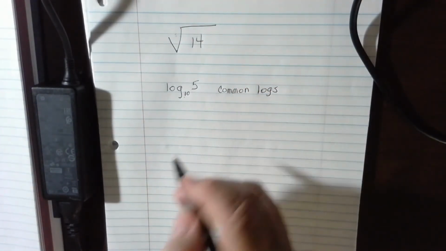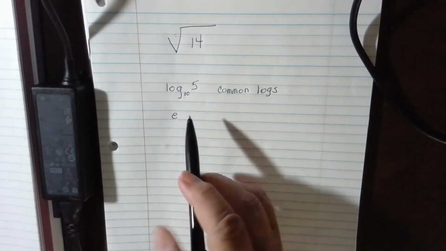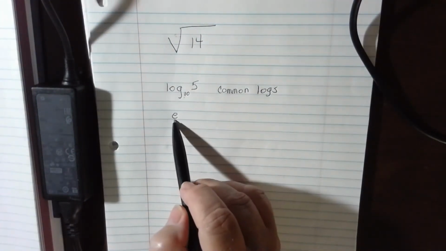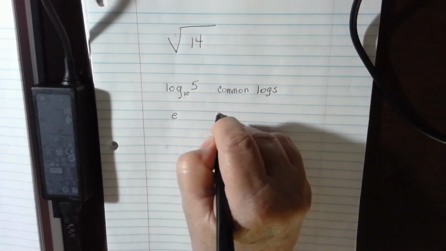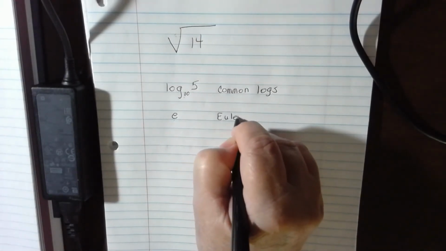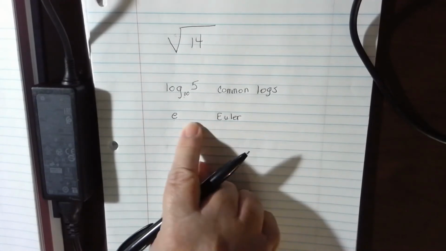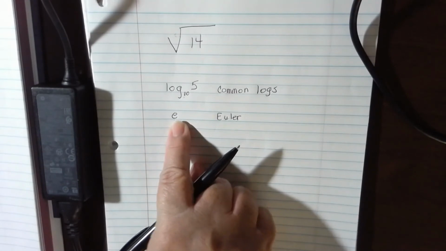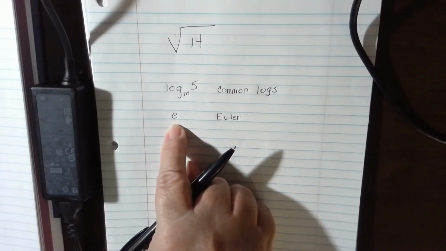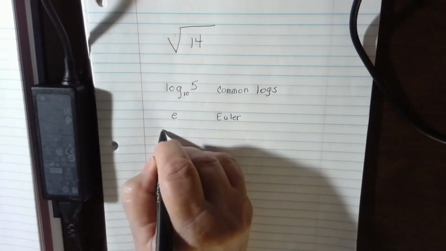And e, I told you about e in the video for 6.3. e is an irrational number. It's named after a man who spells his name like this, but it's pronounced Euler, and that's where the e comes from. It occurs a lot in natural phenomena, and it's used as the base of the natural logarithm.